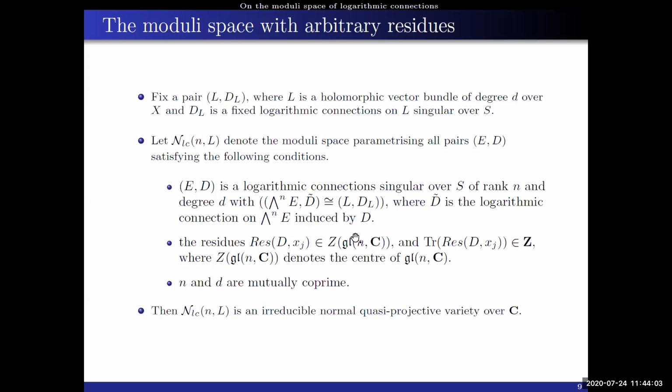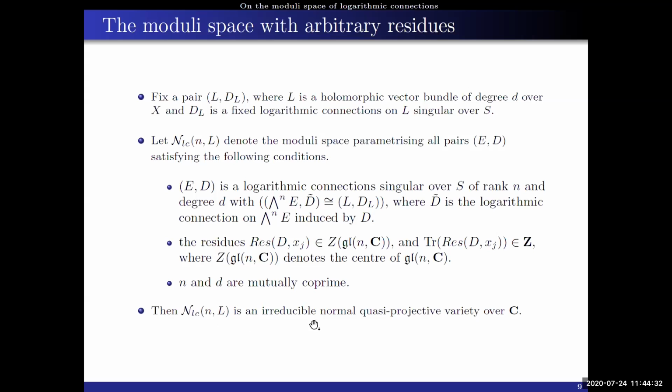The residues lie in the center of the Lie algebra associated to GLNC, so the residue can be anything. I'm not fixing the residue, but I'm fixing the condition that the trace should be an integer, due to certain reasons. And D is a logarithmic connection singular over S of rank n and degree D, which satisfies this condition as we saw previously.